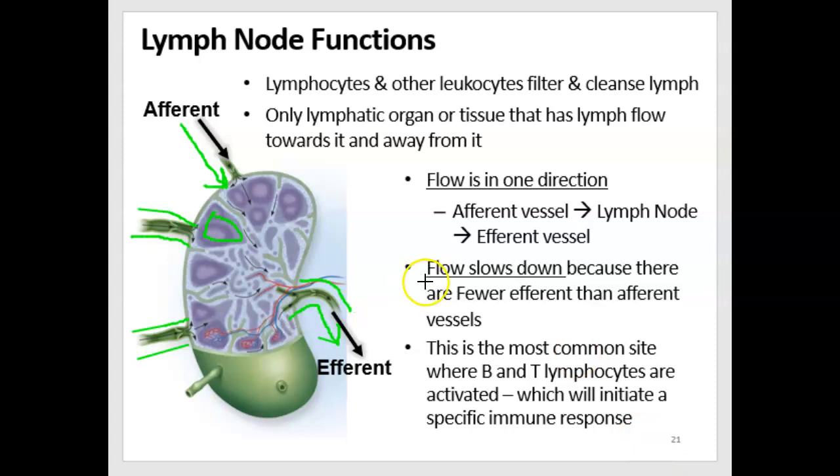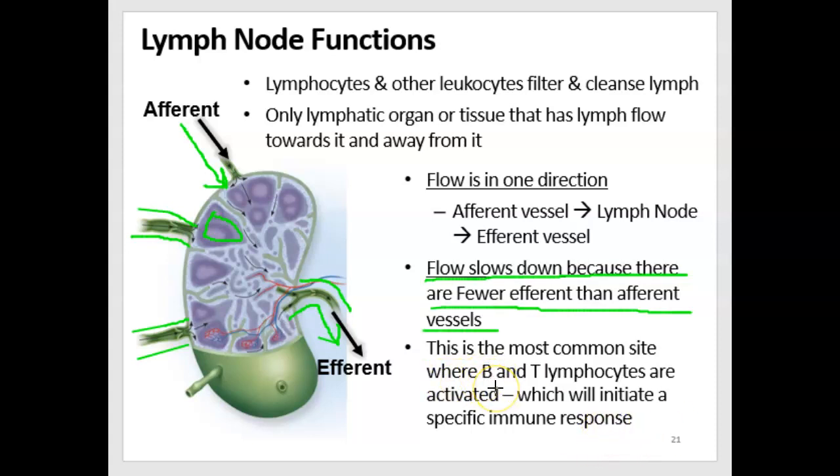Okay, this makes the fluid slow down. So with fewer efferent, which means to go away from, than afferent, the fluid will slow down, and this will give time for the leukocytes to detect any kind of foreign antigen or pathogen.